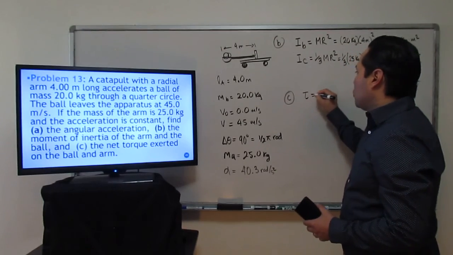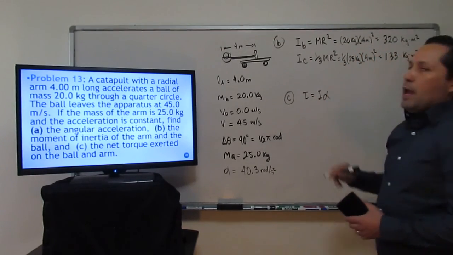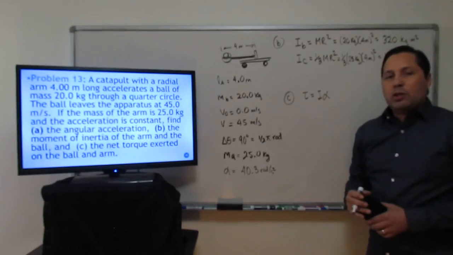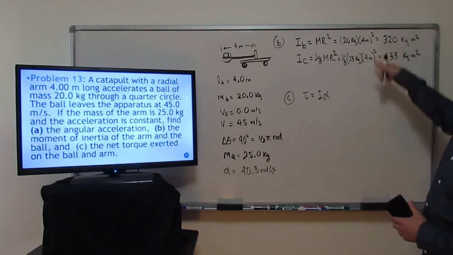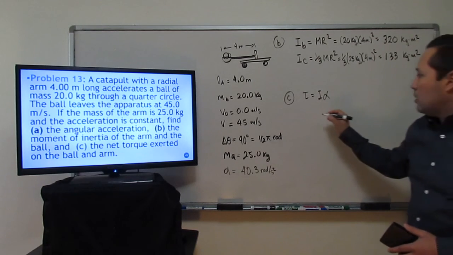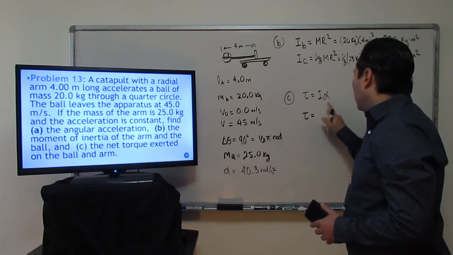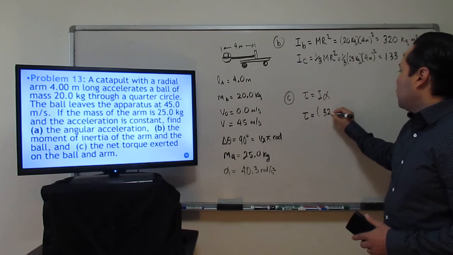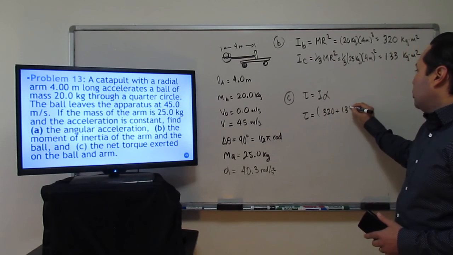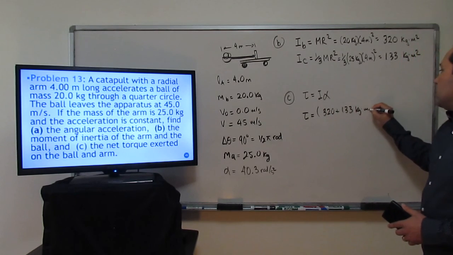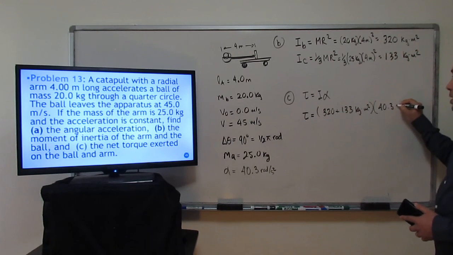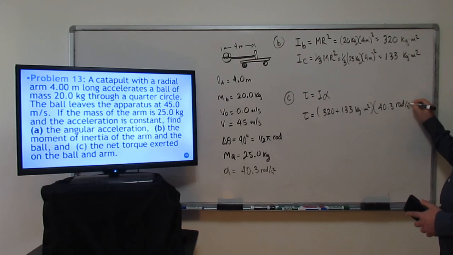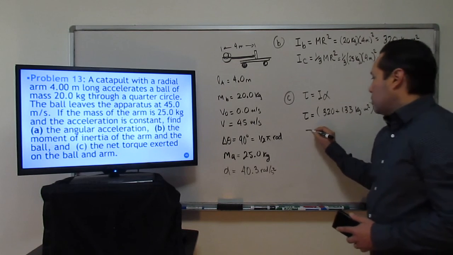So torque is equal to inertia times angular acceleration. We have the angular acceleration from the previous problem. It was 40.3. The inertia, we need the total inertia, so we're going to add both of these together to give us the torque total. So it's going to be 320 plus 133 kilograms times meters squared, multiplied times the angular acceleration, which is 40.3 rads per second squared. And that's going to give us our torque.